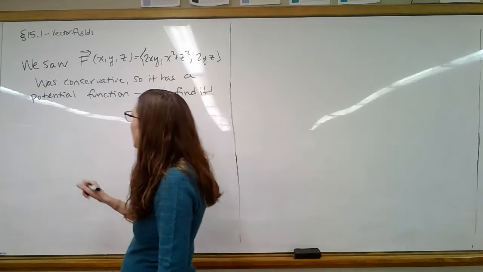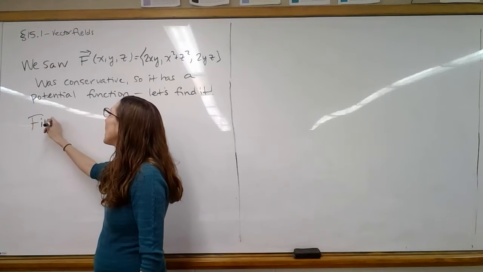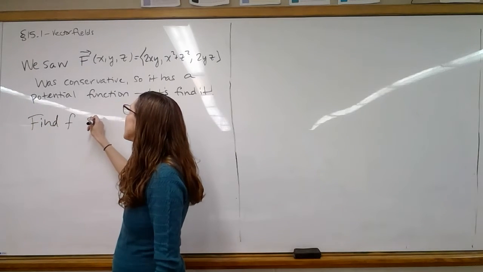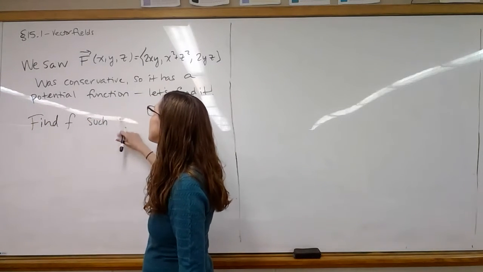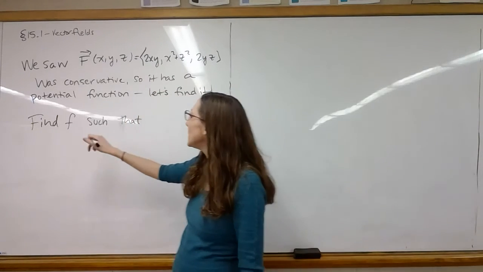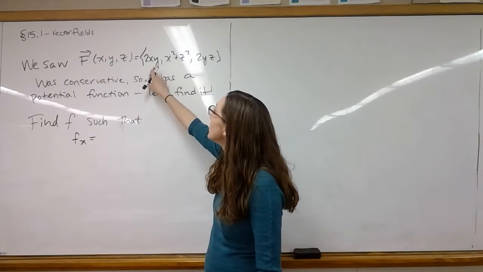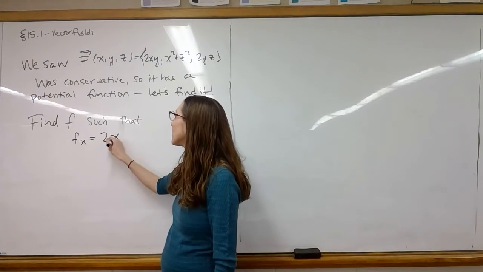So if we think about that this is that little function f, and we're trying to find f, it would really be finding f such that this needs to be its gradient, which means that the derivative with respect to x needs to be 2xy.